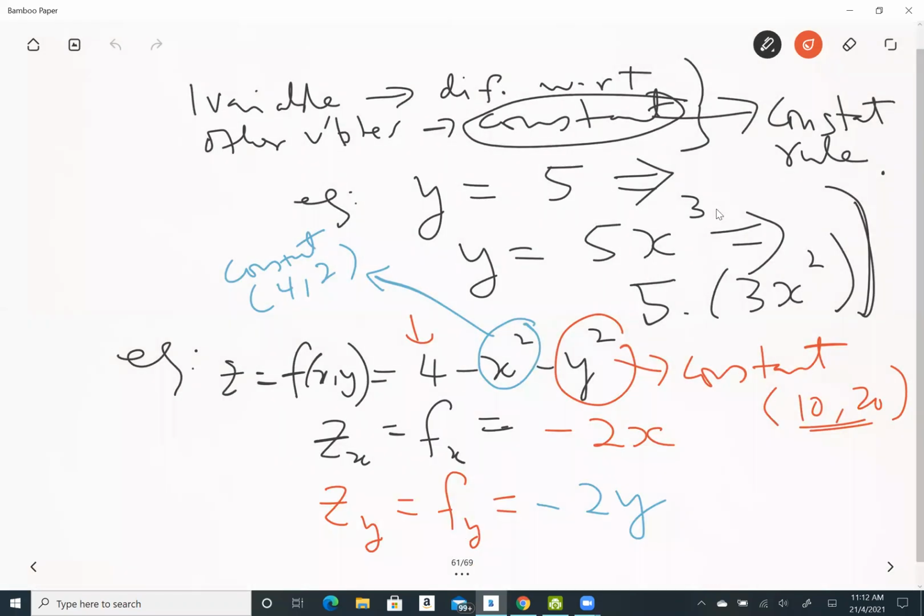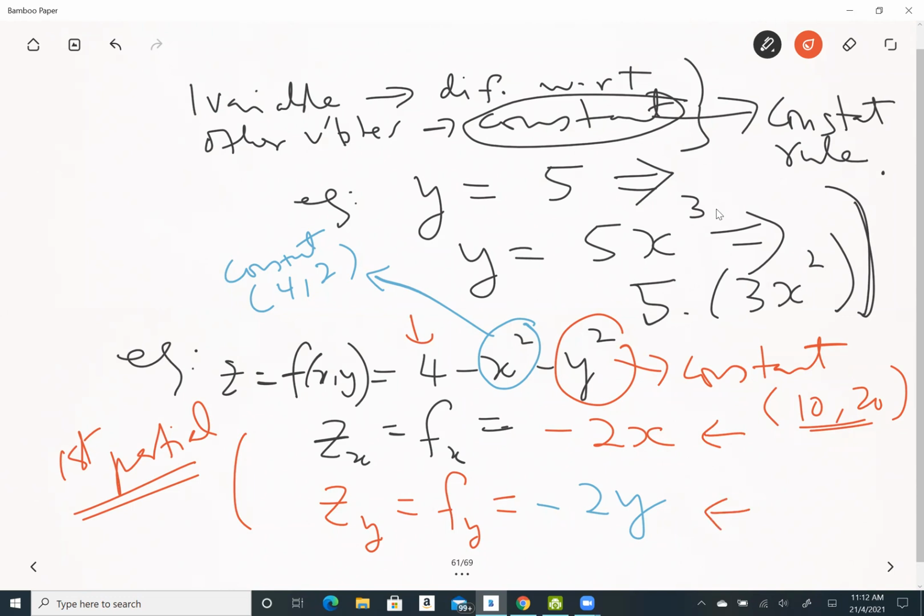You already did the derivative. The partial derivative, we call it first partial. So as you can see here, fx or zx is a function of x and y, and fy is also a function of x and y.